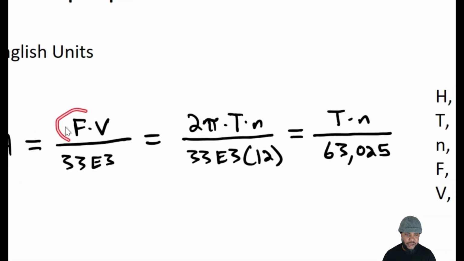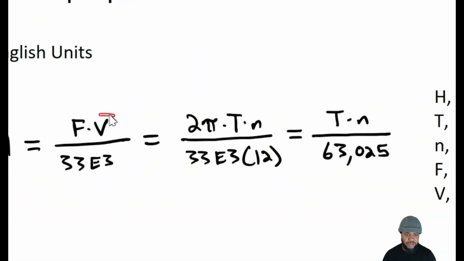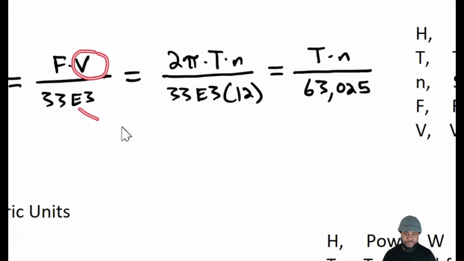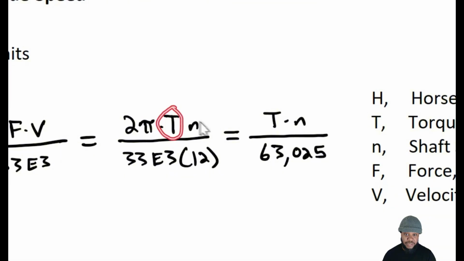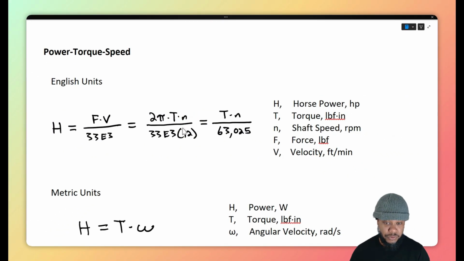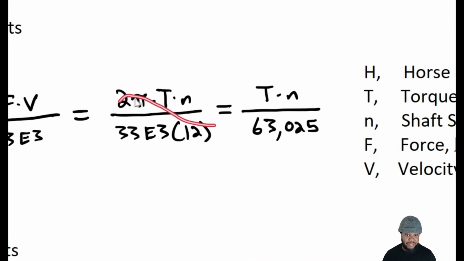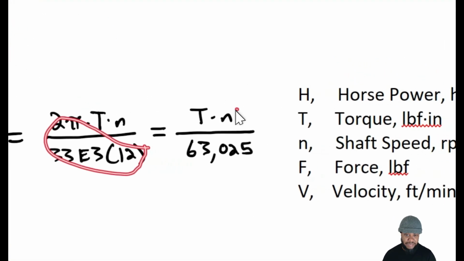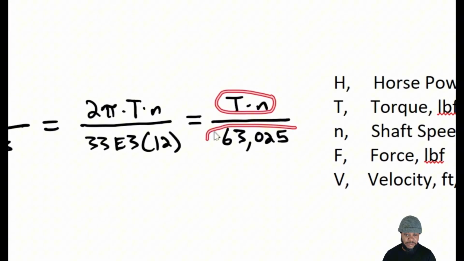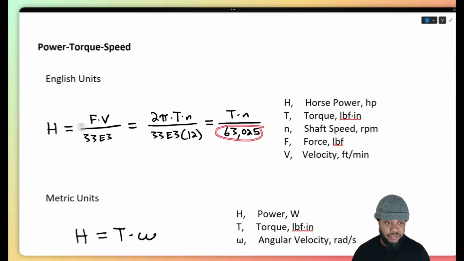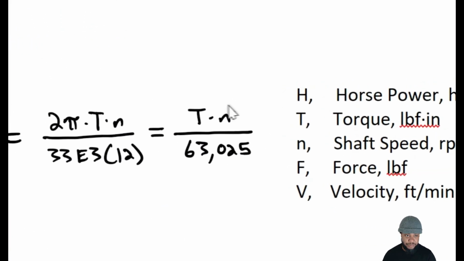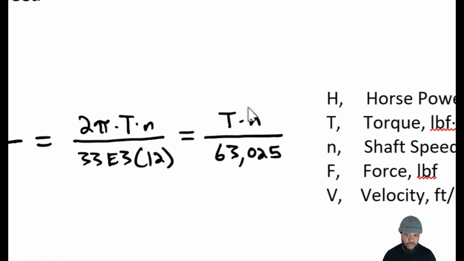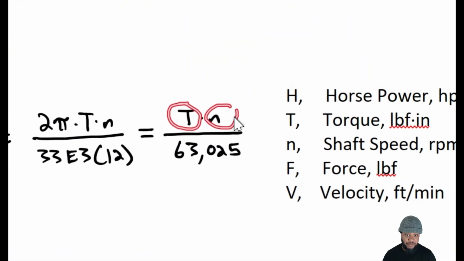It could be a force times a velocity divided by a factor. It could also be defined as a torque times the shaft speed in rotations per minute, with a certain factor, or that same set of parameters divided by a different factor. But in essence, we have the relationship between power, torque, and the speed at which our shaft is rotating.